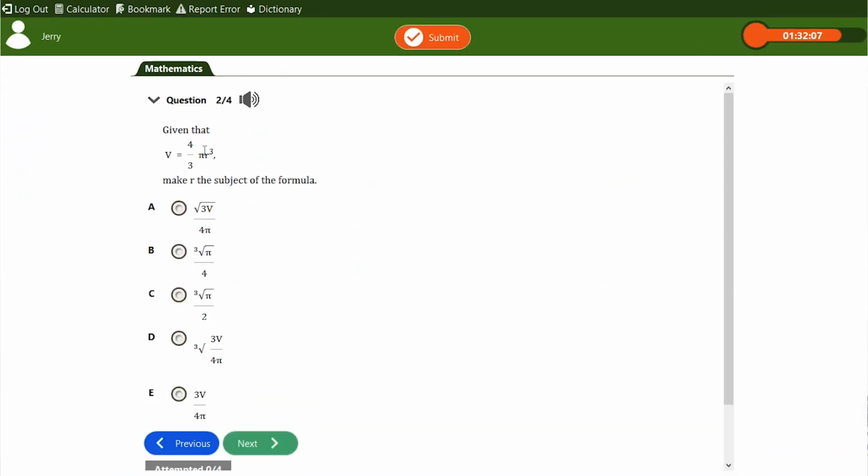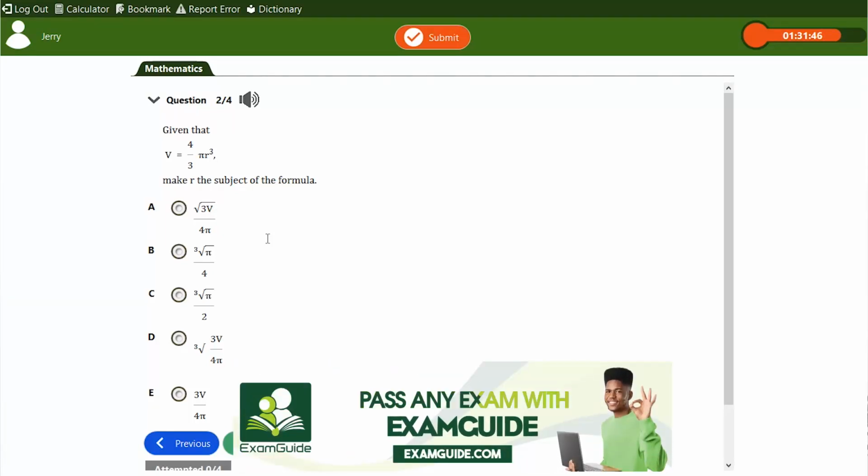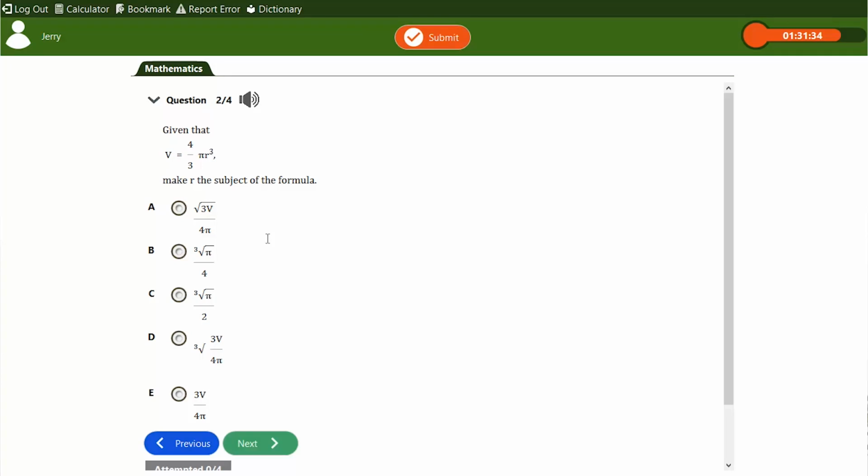Okay, given that V is equal to 4 over 3 pi R cube.